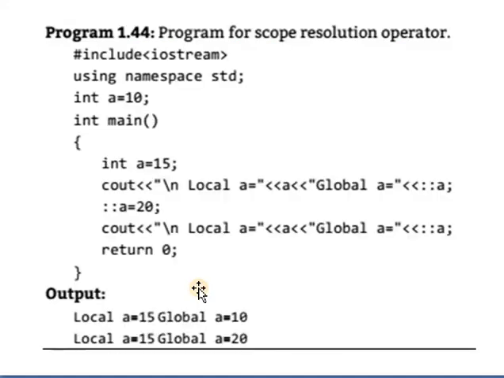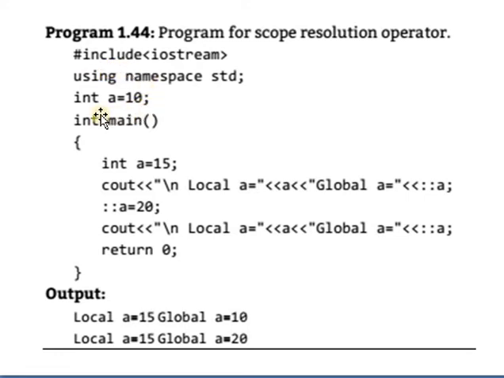Consider the program which demonstrates the use of scope resolution operator. In this program, the iostream.h header file is included. Then next, here is a global variable declaration.